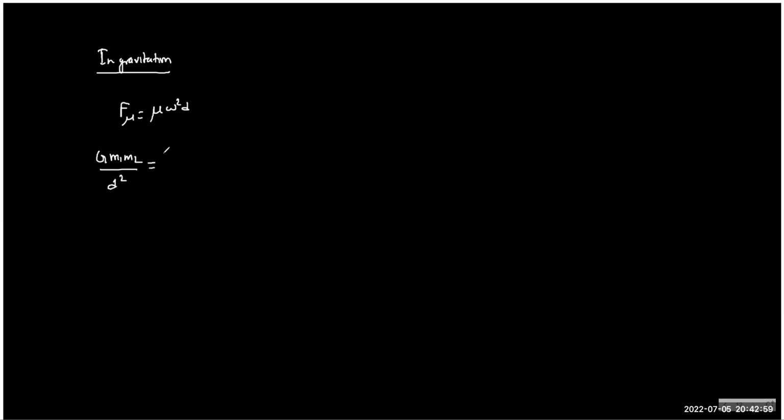And the reduced mass is how much? m1 m2 by (m1 + m2), into omega square d. You can see m1 m2 cancels out. So omega will have a really nice format. Pretty easy to derive.